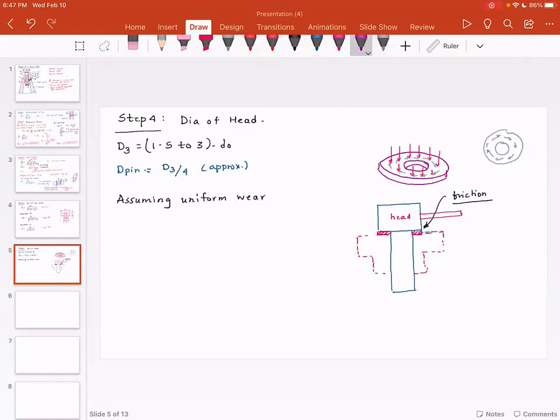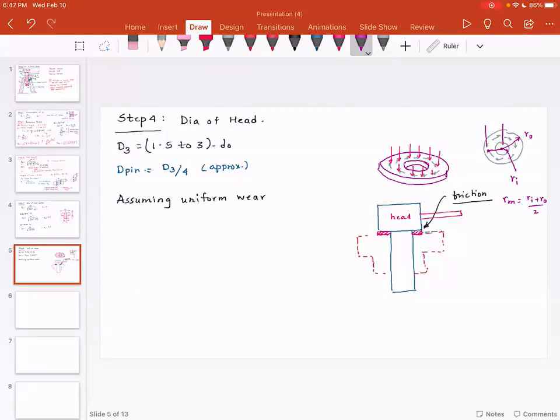If you take the average frictional force and multiply that by the average lever arm, you can approximately find the amount of frictional torque that you need to overcome. Now, what is the average lever arm? If this is R inside, RI, and this is R outside, RO, then RM is equal to RI plus RO divided by 2.